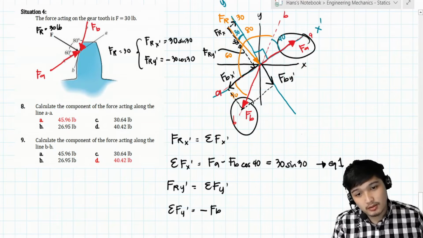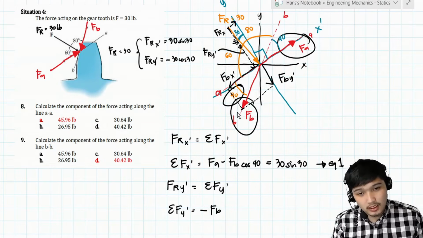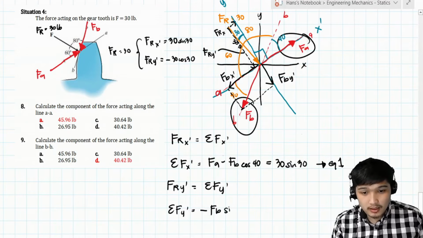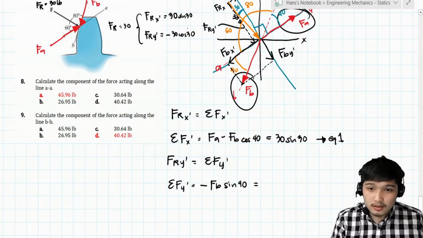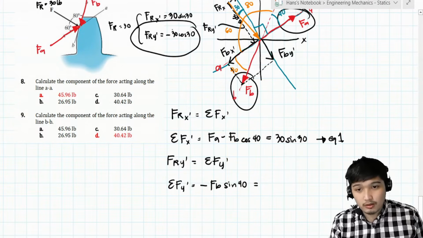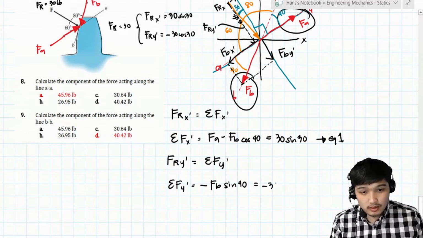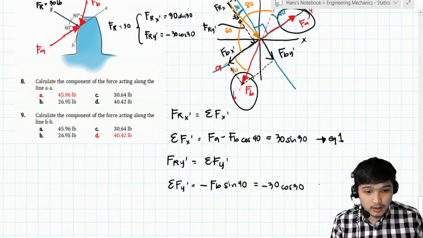FB, with an angle of 40, so sine 40. That is equivalent to the vertical component of the resultant force, negative 30 cosine of 30. So this one is our equation 2.